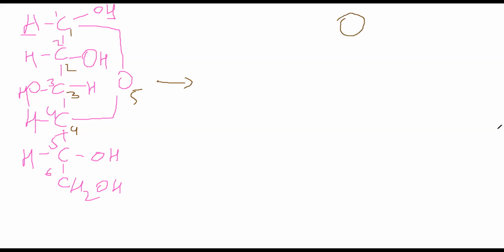Start with O. So it's a C1. Let me draw. Numbering later. CH again remains the same. Whatever is on the left will come on the top. Whatever is on the right will come in the bottom.